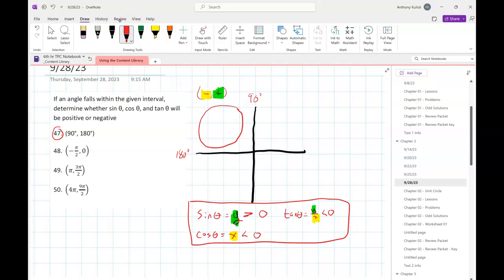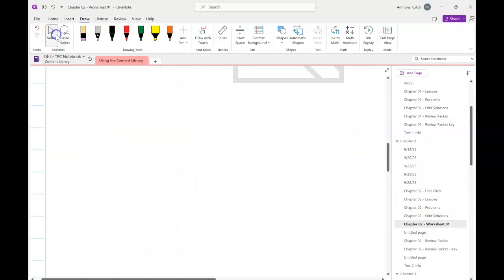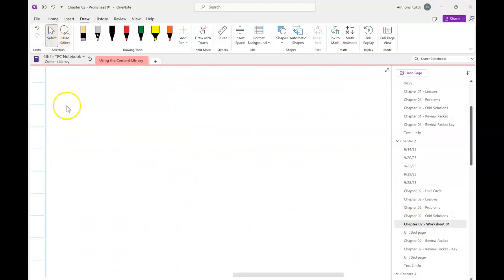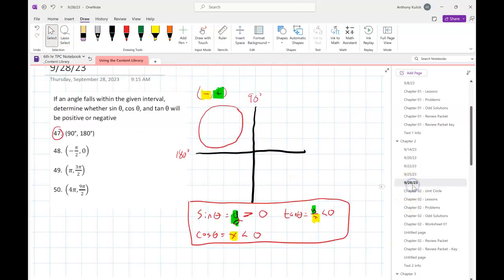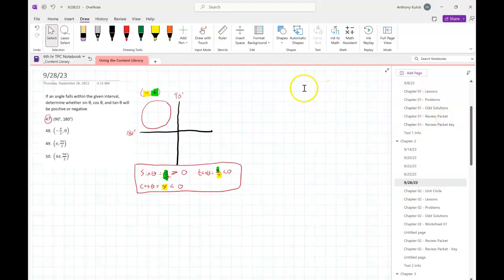Nicholas. Can you do any on the second page of the worksheet? Sure. Absolutely. Drop that page in.